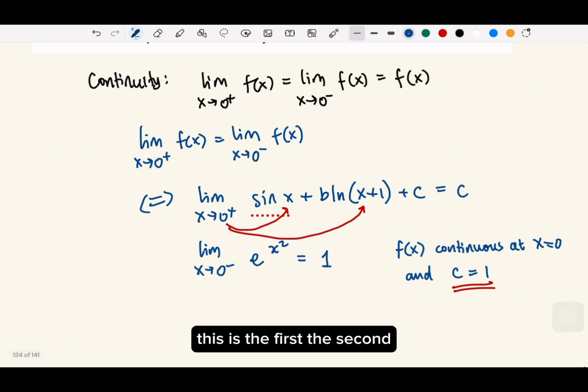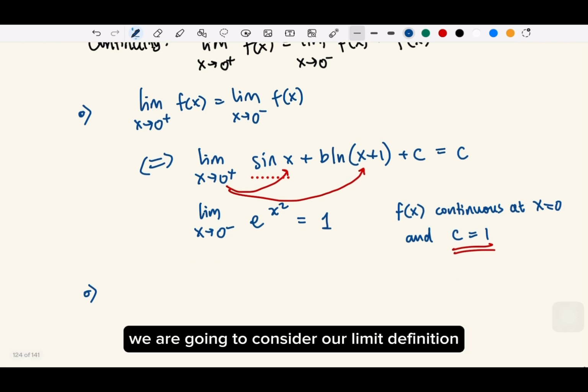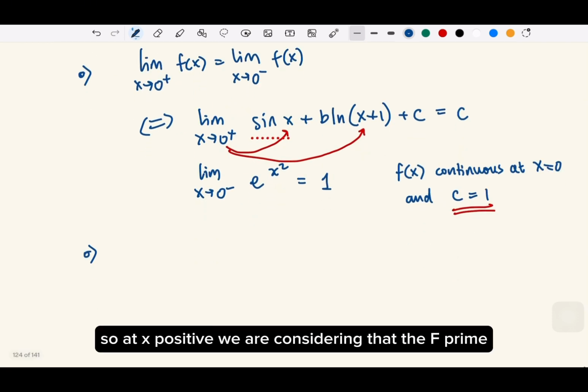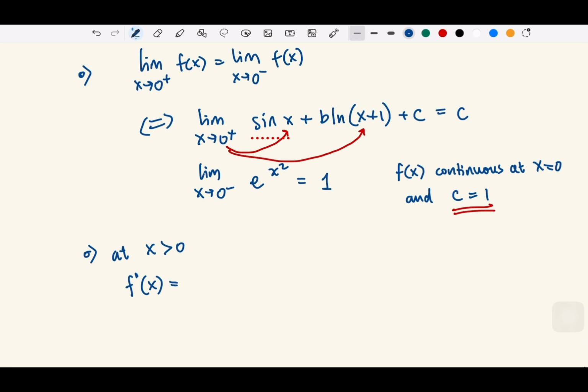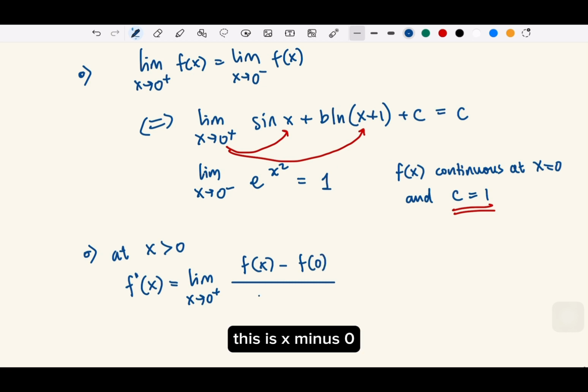Okay. This is the first. The second, we are going to consider our limit definition. So at x positive, we are considering that f prime, by definition, will be f of x minus f of 0, over x minus 0.